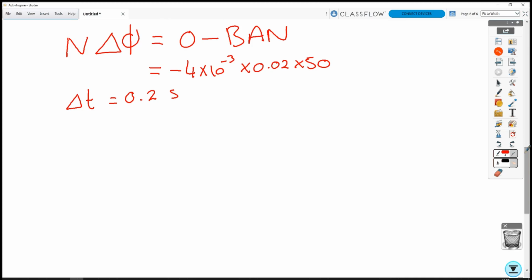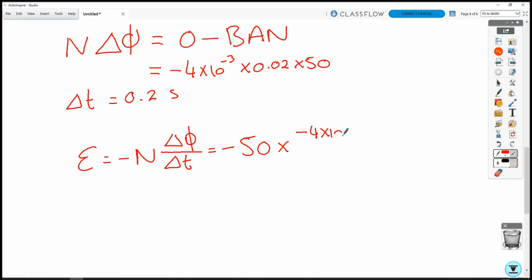So if we put that all together, EMF is equal to minus n delta phi over delta t. So we've got minus 50 times minus 4 times 10 to the minus 3 times 0.02 all over 0.2 seconds.